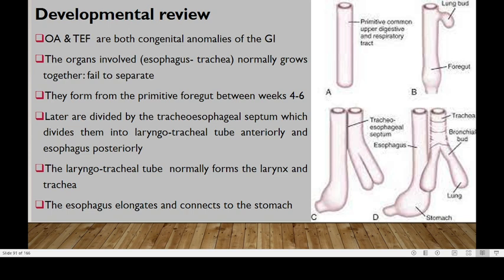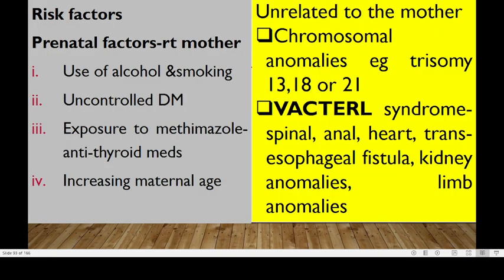During growth, the esophagus and trachea normally grow together, and what results in this condition is when they fail to separate, so there's an abnormal connection between the two.